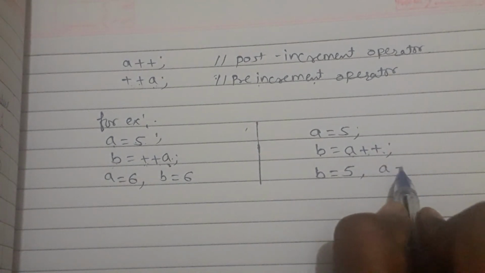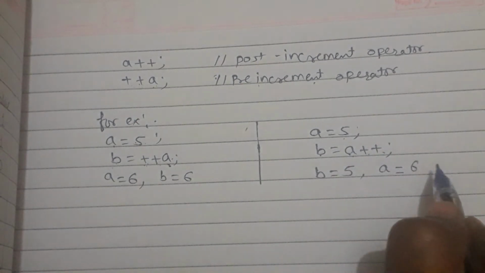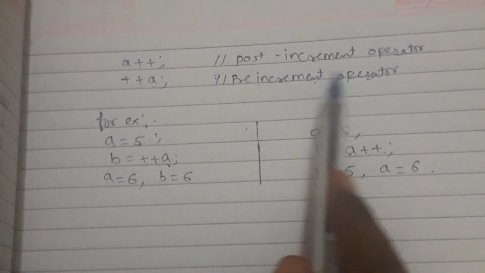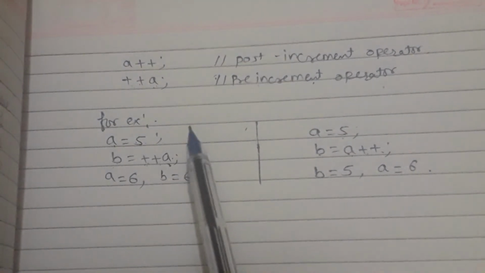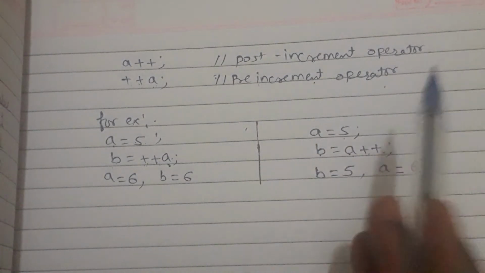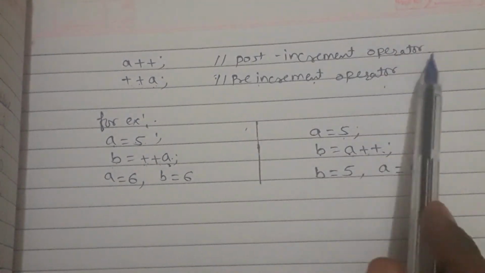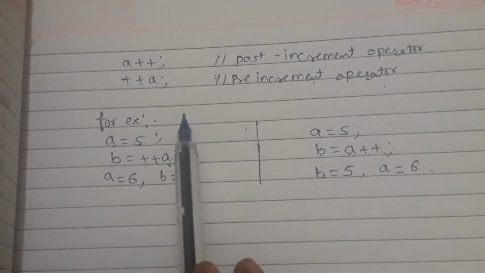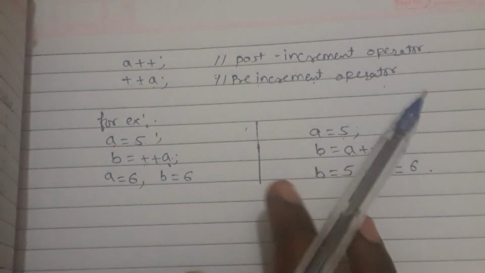Previously it was 5 and now 5 plus 1 is 6, so a is equal to 6. So this is the post-increment operator and pre-increment operator. In the same way, we can use post and pre operators with the decrement operator. So we call them the post-decrement operator and pre-decrement operator, and their functioning remains the same.